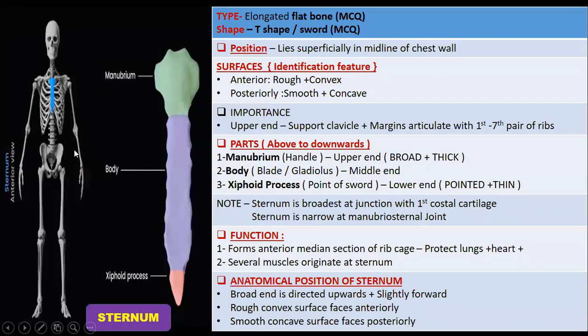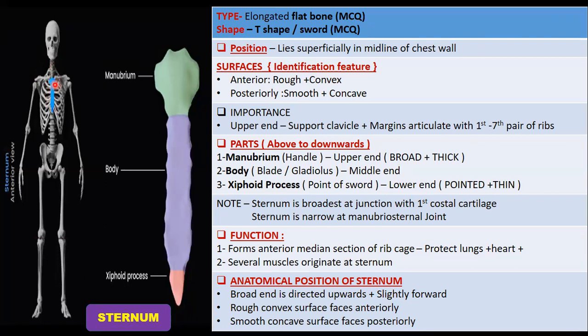When we talk about what type of bone our sternum is, another name of sternum is our breastbone. We say it is a long, flat bone, and it lies superficially in the middle of the chest line.